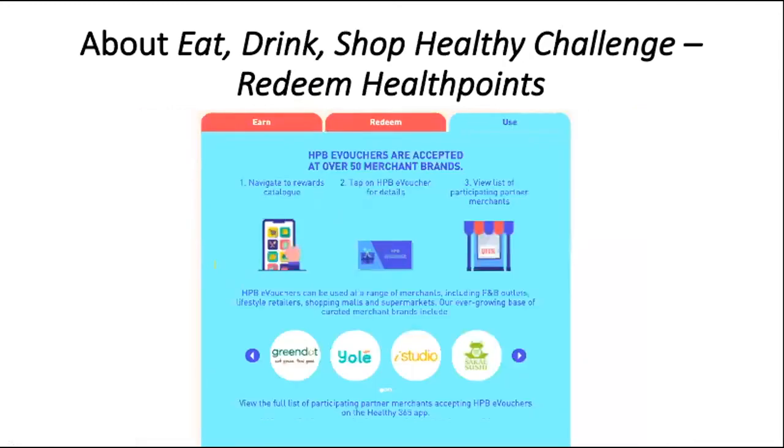Your e-vouchers are accepted at over 50 merchant brands. This is where you can slowly take the time to explore on your app the various participating outlets and merchants, and see how you can use your points better. But most importantly, this is to encourage us to eat healthier.